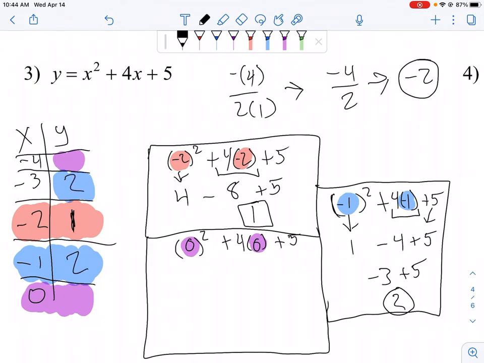And that reflects across our vertex, our axis of symmetry, which is in red there, that middle point. And then finally with 0, 0 squared is 0, plus 4 times 0, which is 0, plus 5. So we end up just getting 5. So that's going to be 5 there and 5 there.